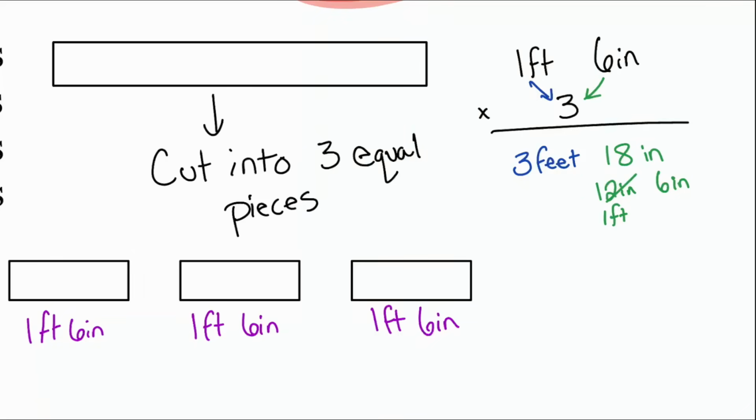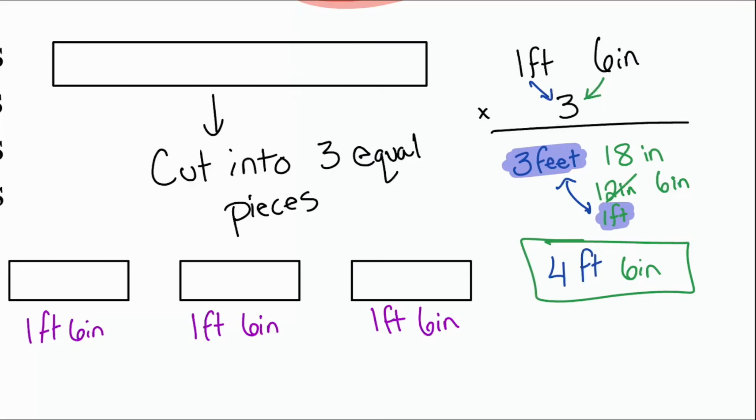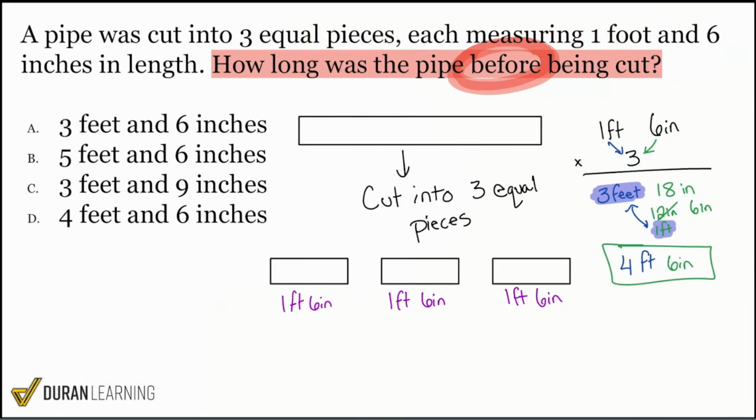We'll bring this together with the 3 feet, and that's going to give us 4 total feet with 6 inches as the partial, and there we go. The correct answer here will be D, 4 feet and 6 inches long. That was the length of the pipe before it got cut.